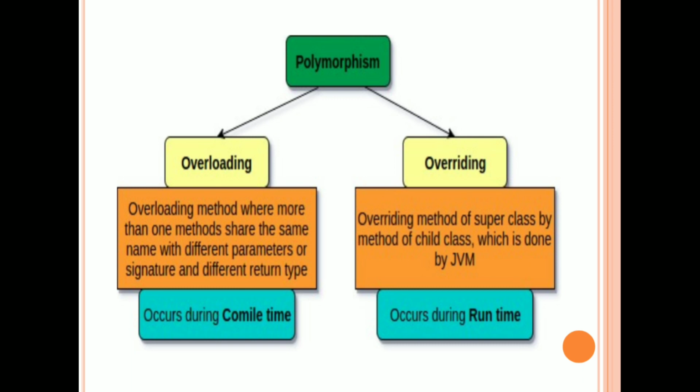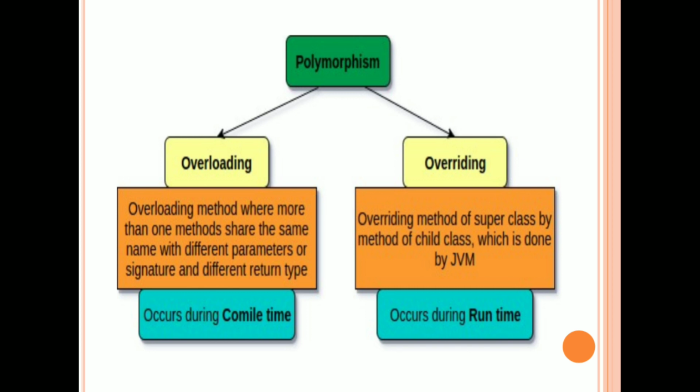So this refers to runtime polymorphism, and runtime polymorphism is handled by the JVM at runtime, so it is called dynamic polymorphism. Compile time polymorphism is also known as static polymorphism because it is done at compile time.